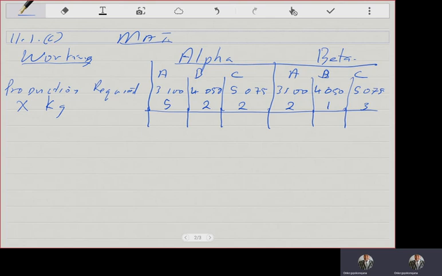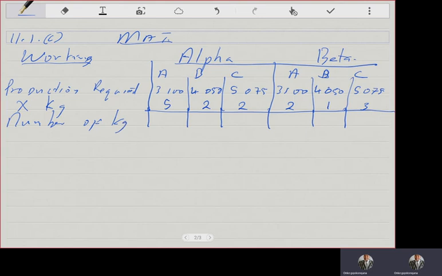Remember, these are just our workings. We are just doing the workings here to calculate the number of kilograms. In other words, we are converting the finished goods back to the raw material. That's why we have to do this exercise.